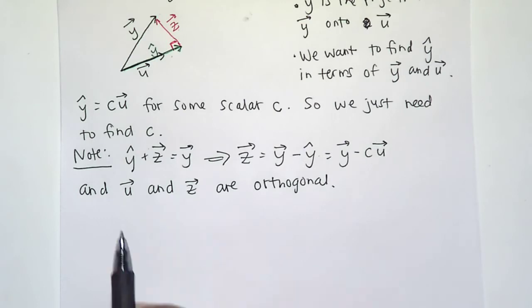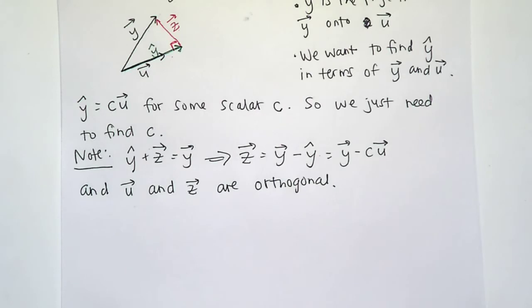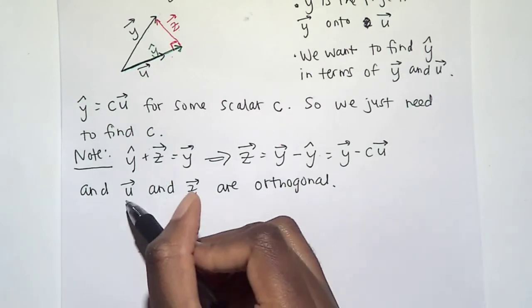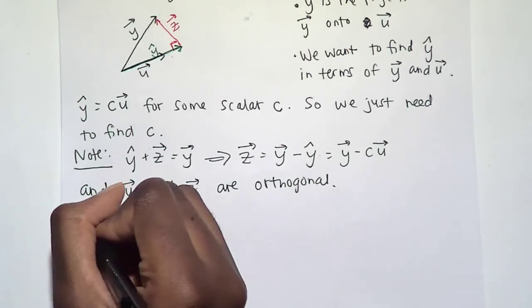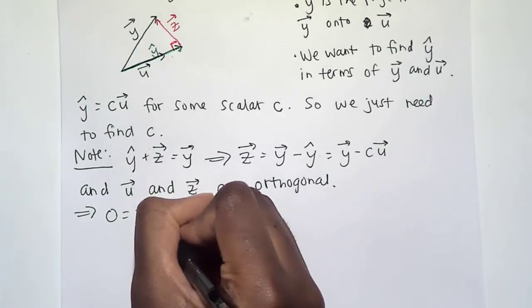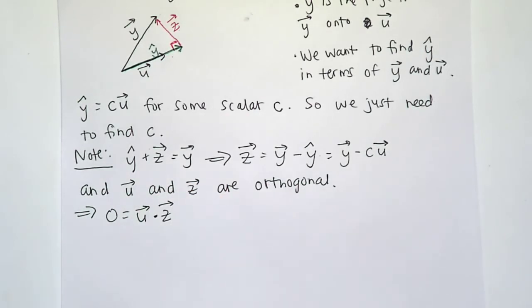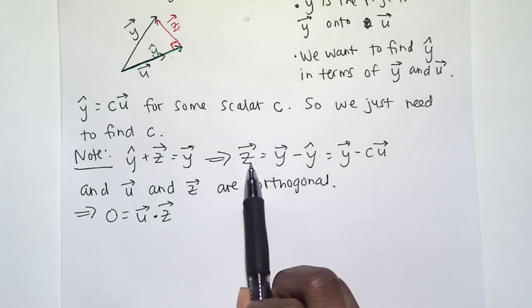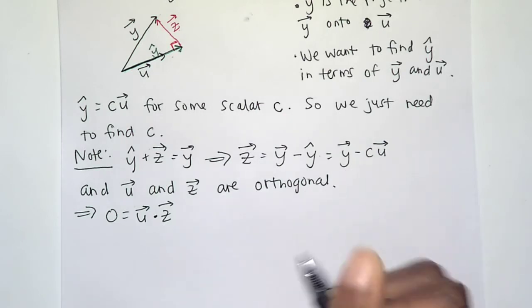All right, so if u and z are orthogonal, we know exactly what we can set up. When you dot product these together, we should get 0. So 0 should be u dot z. And we've already come up with an equation for z. Z is y minus cu.